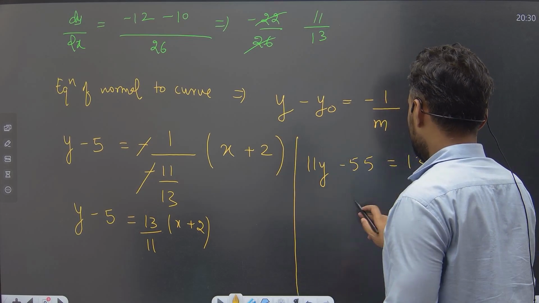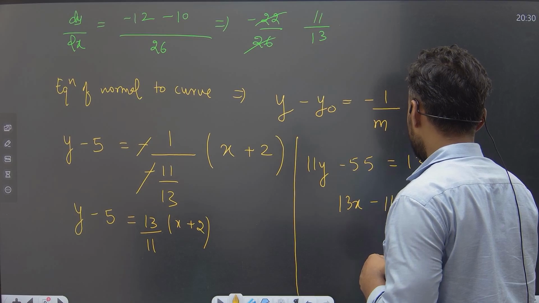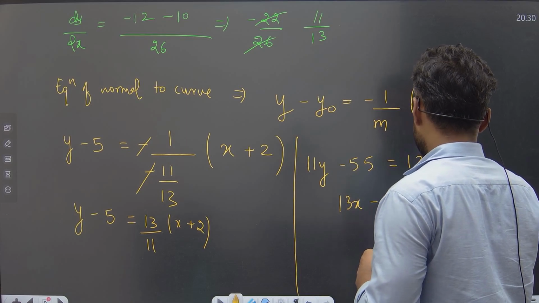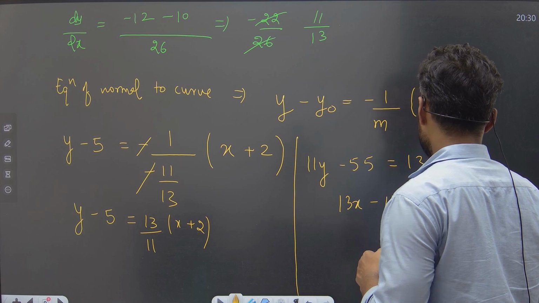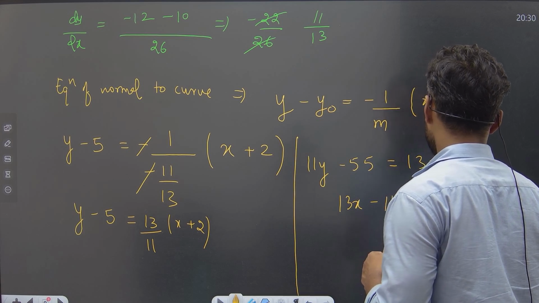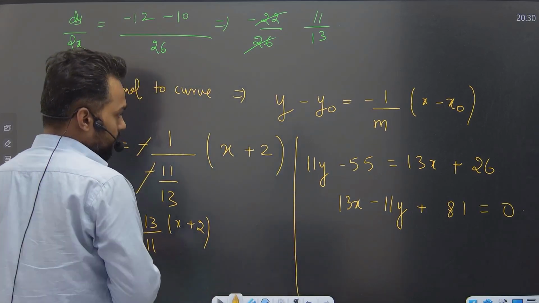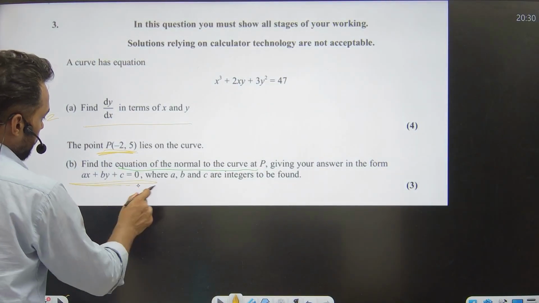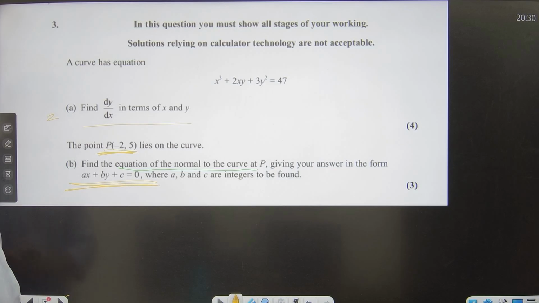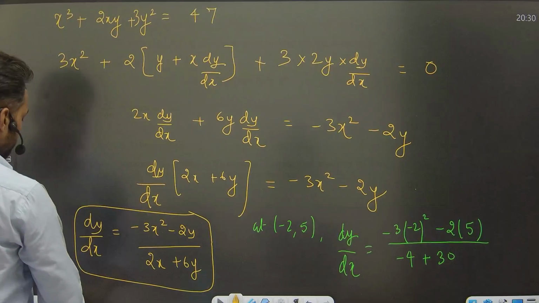So from here, if we transpose 11y to the right hand side, we get 13x minus 11y plus 81. This we are getting as the format of ax plus by plus c equals 0, where a, b, c are integers to be found.